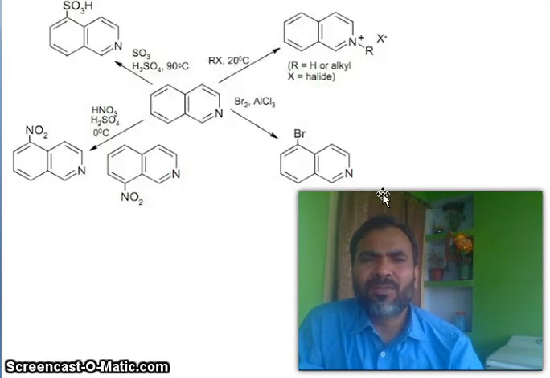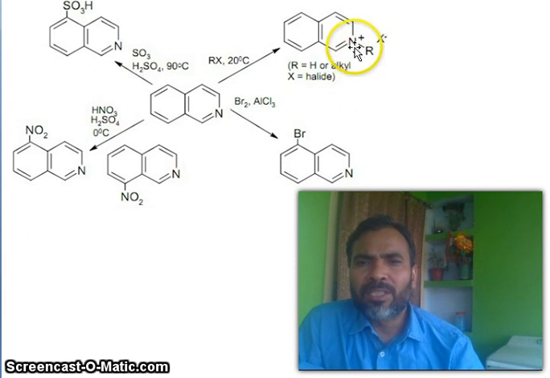So there are a lot of reactions of isoquinoline. Some of the reactions are here. You see this is your isoquinoline. If you have the reaction at 20 degrees Celsius, you will get substitution at the nitrogen center, meaning salt formation.